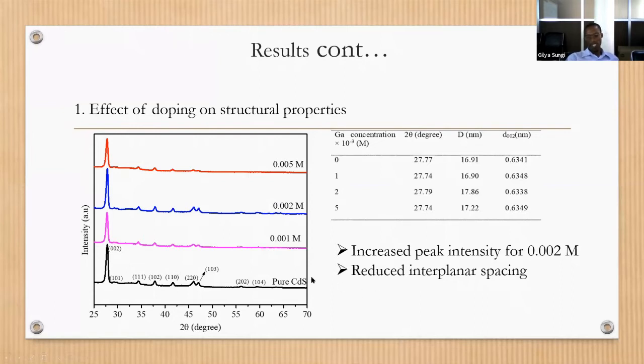That reduced interplanar distance suggests that gallium substituted cadmium, that the doping was by substitution, which is good, because substitution of cadmium by gallium provides a free donor within the cadmium sulfide site, which is positive for the conductivity of the film.